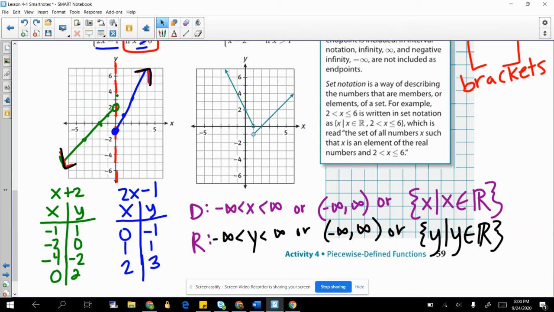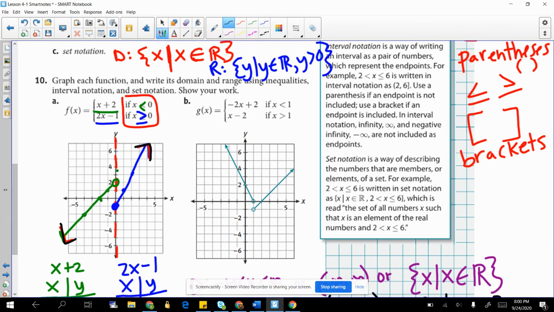And I do just want to talk about the domain and range here, because if you'll notice, you should have drawn your fence at 1, which it's not drawn on here, but we know it should be here. Okay. But notice that neither one of these have an equal sign, the inequalities or the domain restrictions.